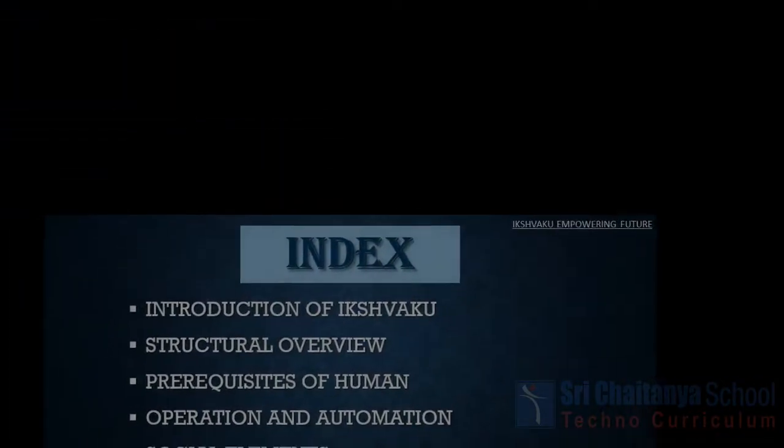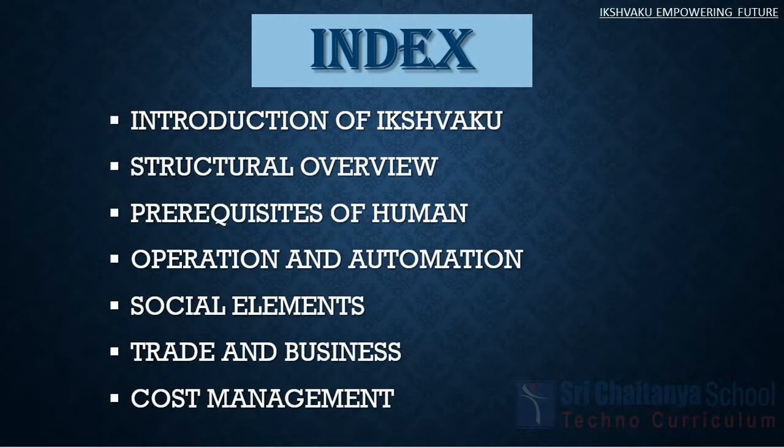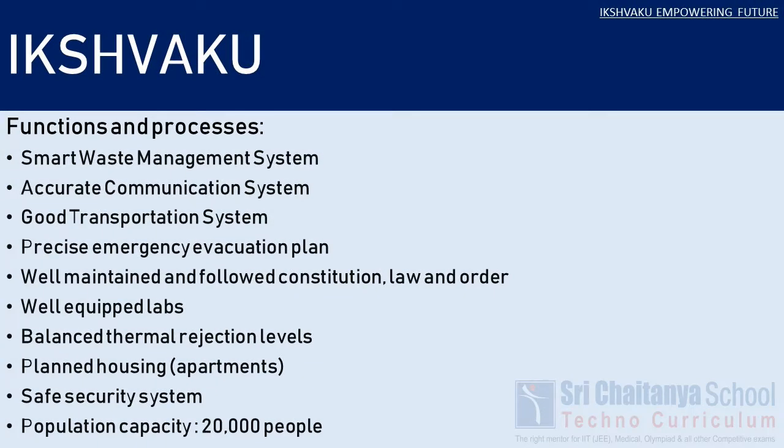This is the index of Ikshvaku. Introduction, structural overview, prerequisites of human, operations and automation, social elements, trade and business, and cost management form the index of Ikshvaku. Ikshvaku performs these functions and processes for better management and also for the livelihood of the people on board.